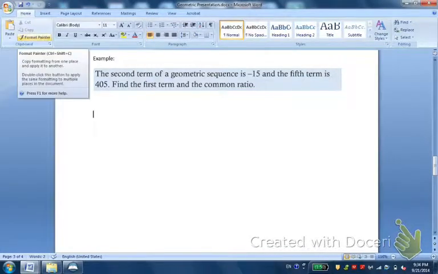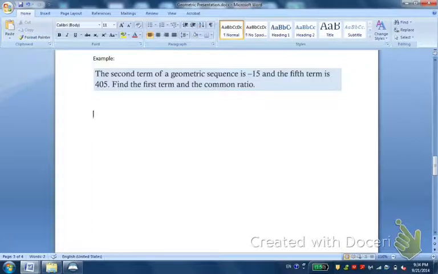Here's a neat little example. They're giving us that the second term of a geometric sequence is -15. So the second term, u of 2, is -15. And the fifth term, u of 5, is 405.